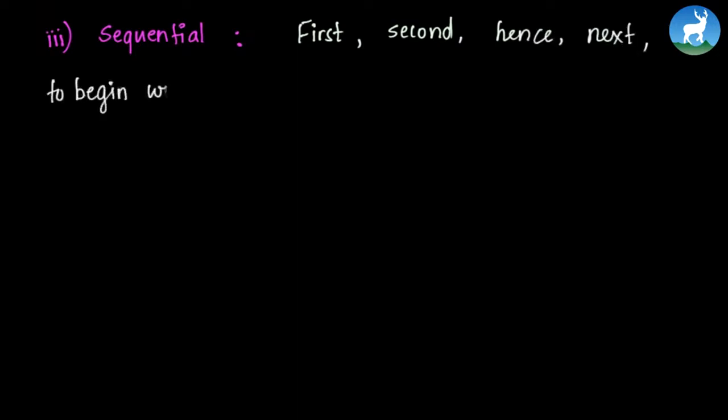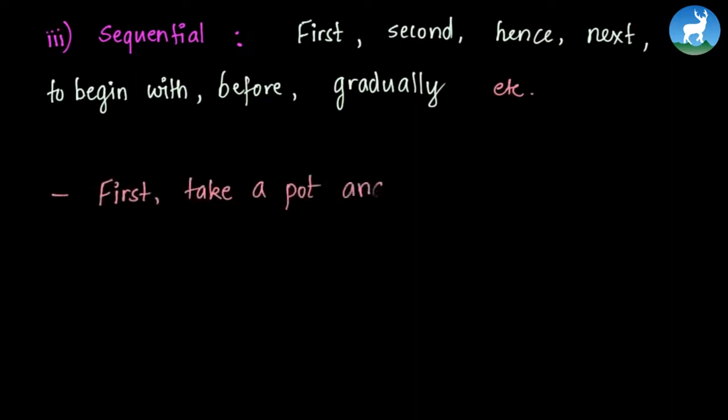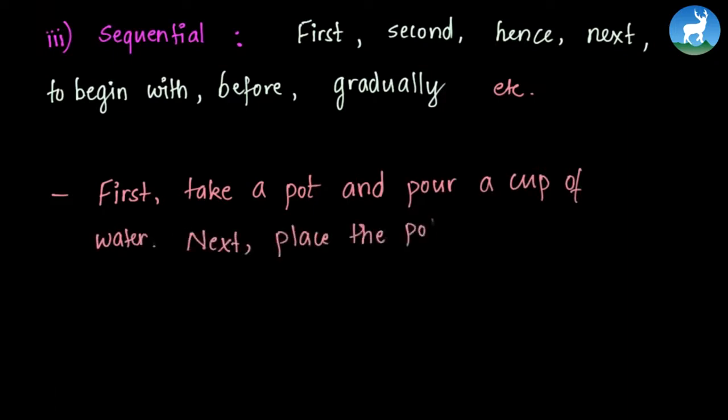Next we have sequential. These are the words we use as the sequential connectives. So it's first, second, hence, next, to begin with, before, gradually, etc. So this is an example for sequential connectives.